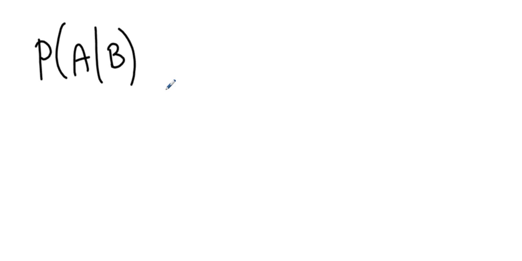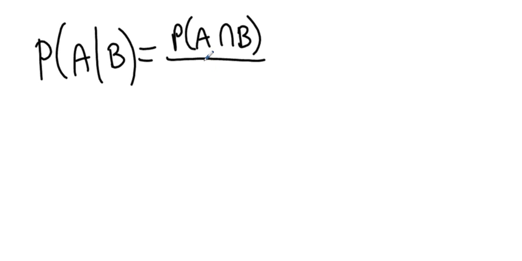Great! One more thing to look at, and that's the probability of A given B. There's a formula that says the probability of A given B is the probability of A intersect B over the probability of B. Now, what do we mean by A given B?